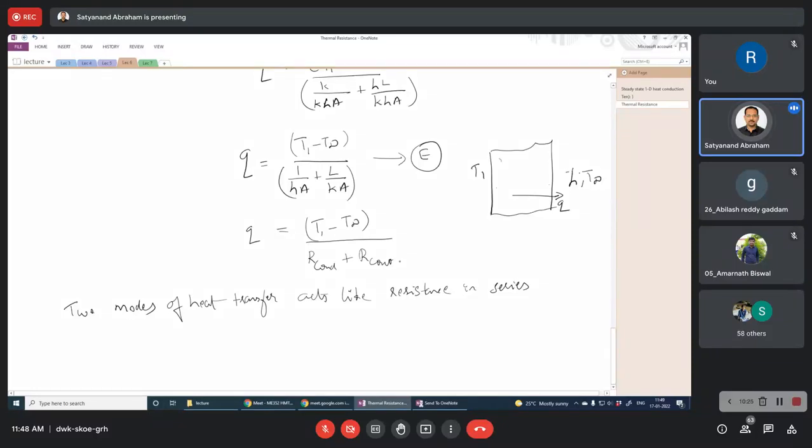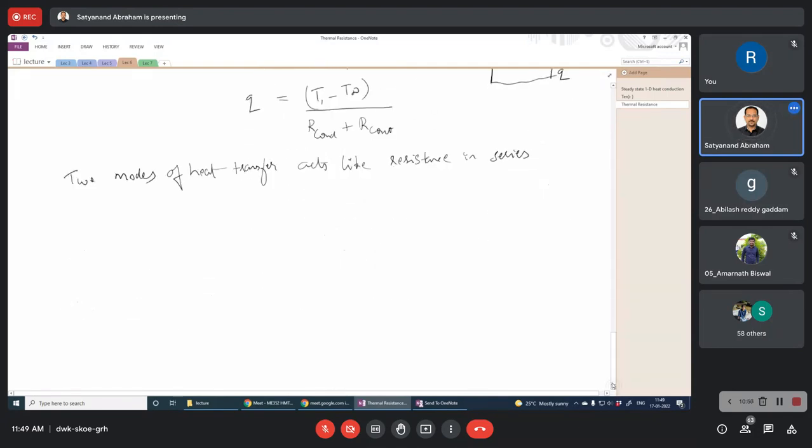In order to derive this equation, we first found the temperature variation inside, and then took dT/dx, and then we did the answer. But if you want to use this resistance analogy, we can do this very easily, right?